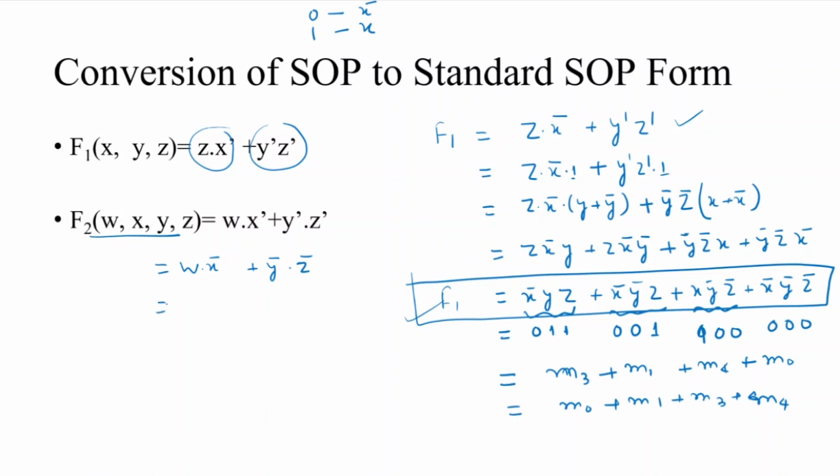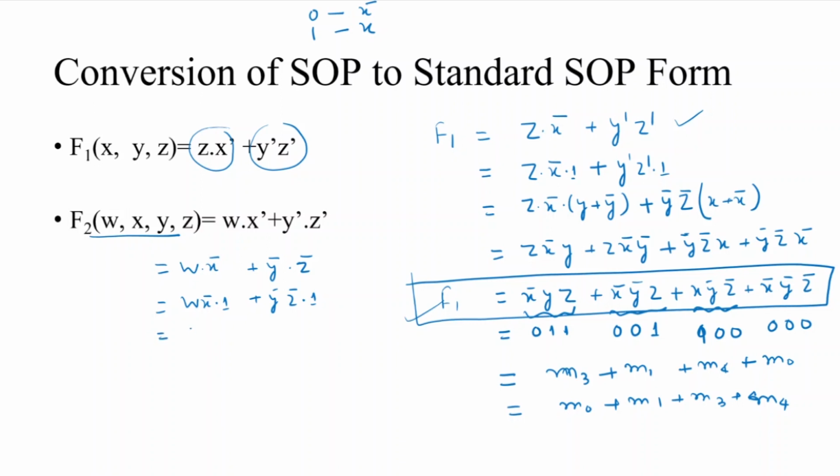Now we multiply w x complement by 1 and y complement z complement by 1, so there is no change in the function. Here w and x are present, y and z are absent.